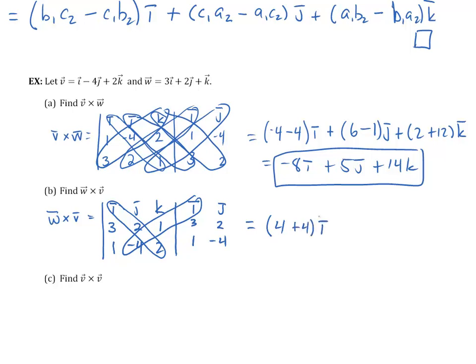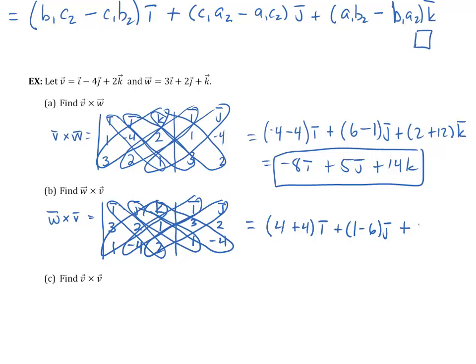4 for the i. If I do the forward diagonal for the j and the back diagonal for the j, I've got 1 times 1 minus a 3 times 2, so that's a 1 minus 6 times the j. And do the forward diagonal for the k, and here's the back diagonal for the k.